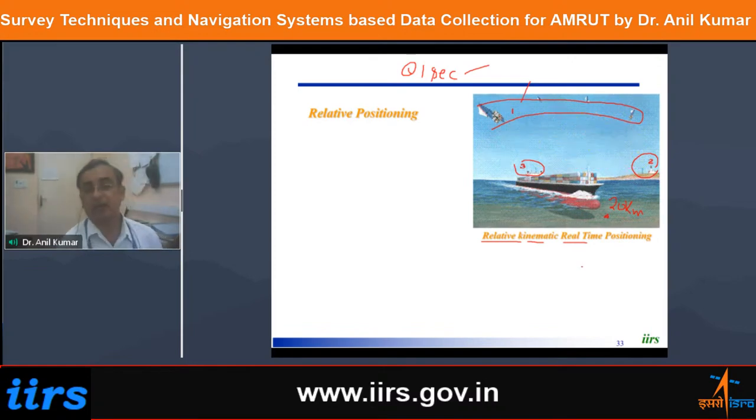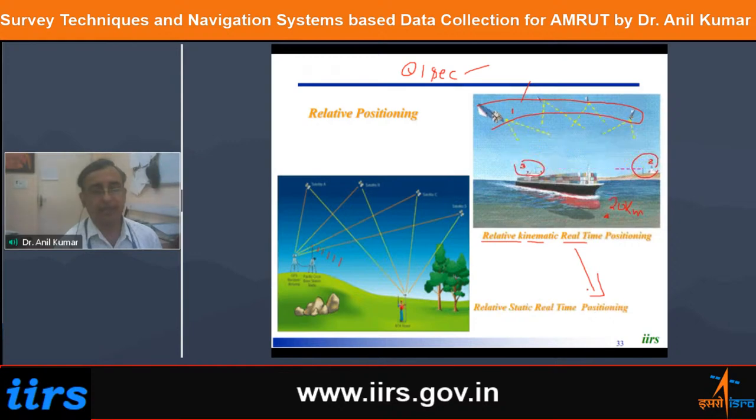Here I've shown you the case where the rover is moving, but this is a case where the rover is static. In the forest, this GPS is working as a base unit. It has a beacon which is connected on the tower and connected with this base station. It is transmitting the error in the air. Here this is a beacon which is working as a receiver.